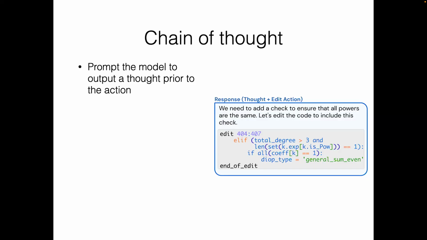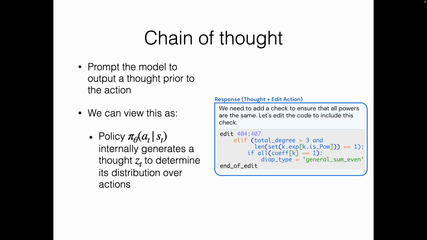Here we will prompt the model to, or train the model to, output a thought prior to taking an action. You might have noticed in the example before, the model had this thought and then it issued an action, here an edit action.